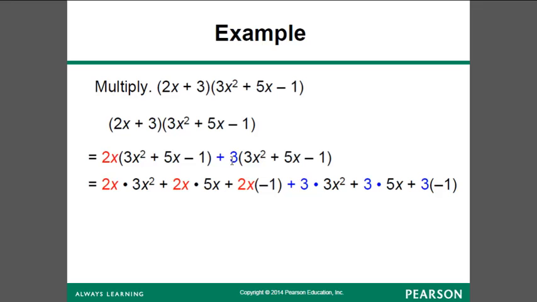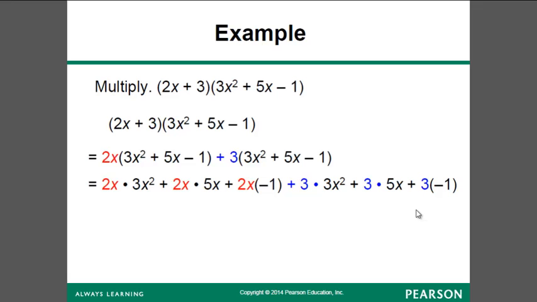Then I get plus 3 times 3x squared plus 3 times 5x plus 3 times a negative 1. So what I have done is I have multiplied the 2x times everything inside the parentheses and the 3 times everything inside the parentheses.